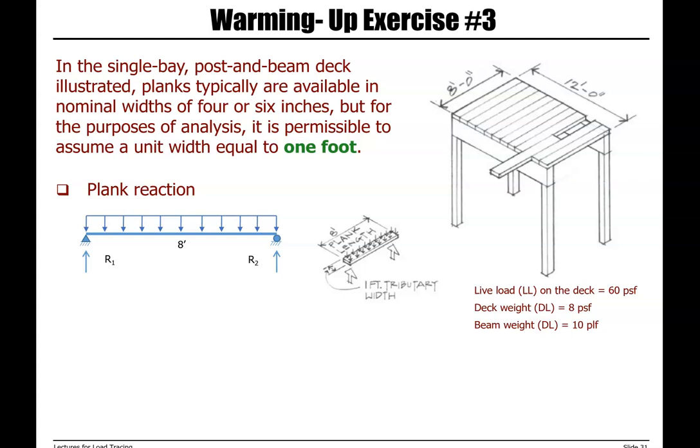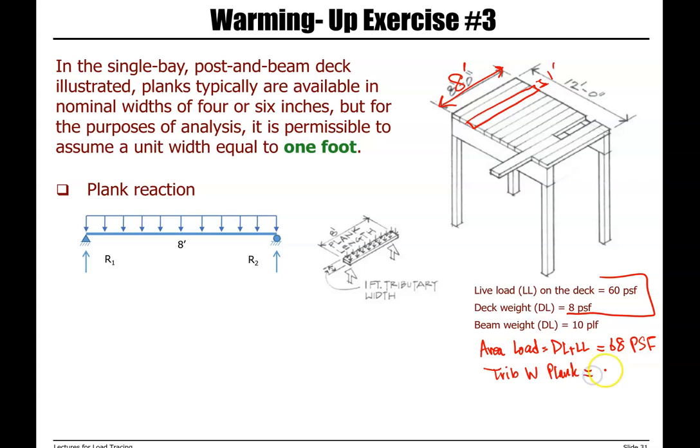Okay, so we start by looking at FBD of a plank with a width of 1 foot and length of 8 feet. The area load on this deck, or the total dead load and live load, is 68 PSF, and tributary width of plank is equal to width of plank, and it's equal to 1 foot.